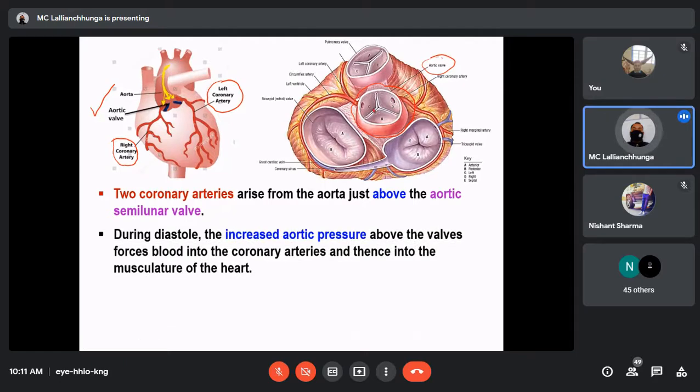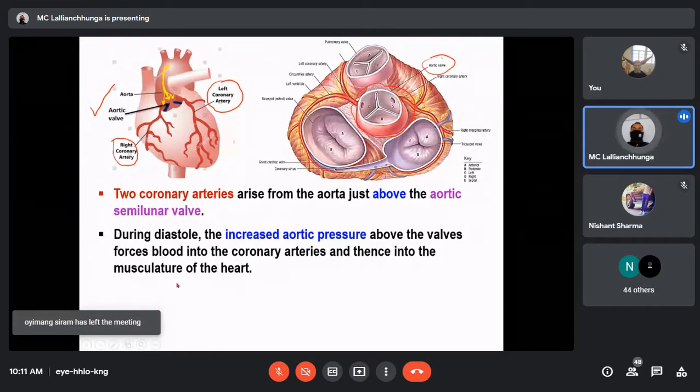As I told you, during diastole the increased aortic pressure above the valves forces blood into the coronary arteries and then into the musculature of the heart. So what does it mean?